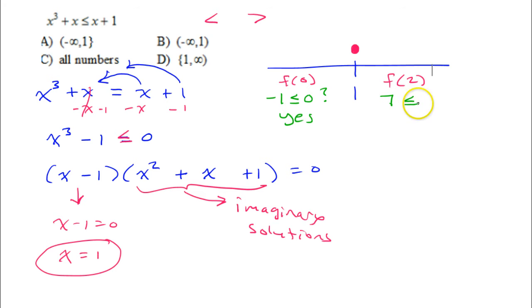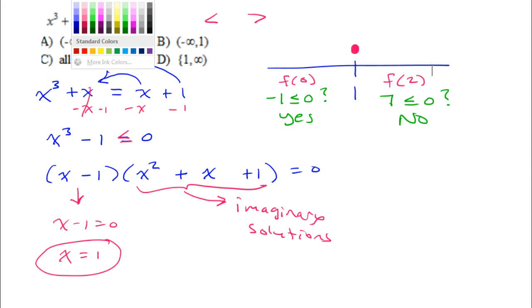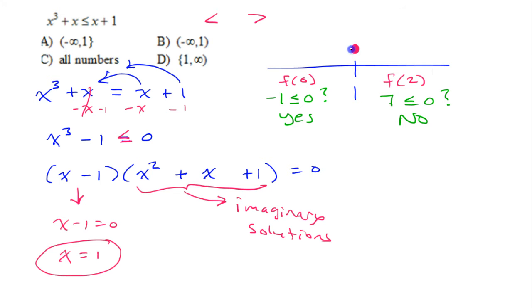Is 7 less than or equal to 0? Well, of course not. 7 is greater than 0. So the yes tells us that this is where the solutions are. So we will go ahead and draw a ray going to the left, indicating the solutions.